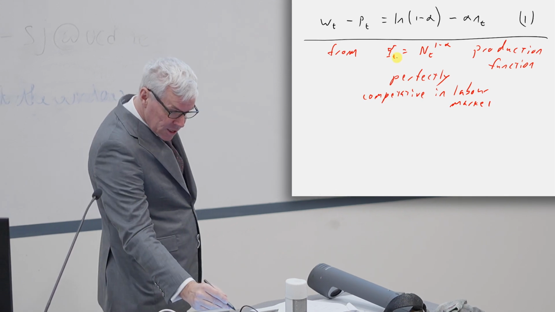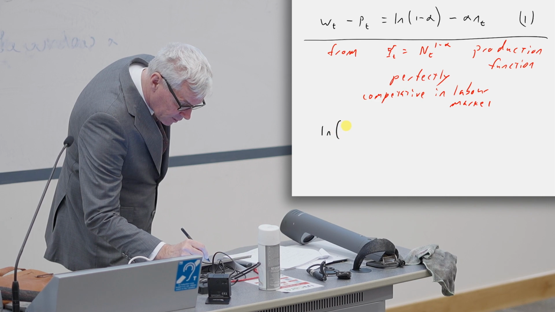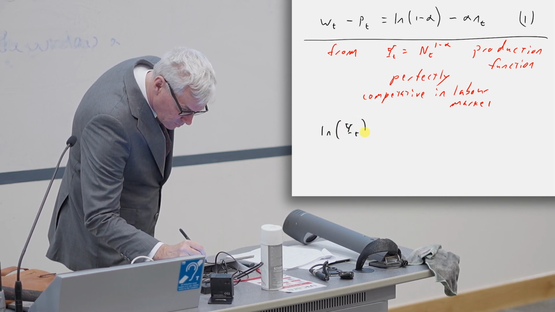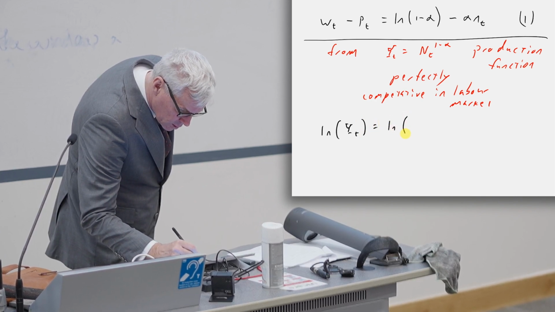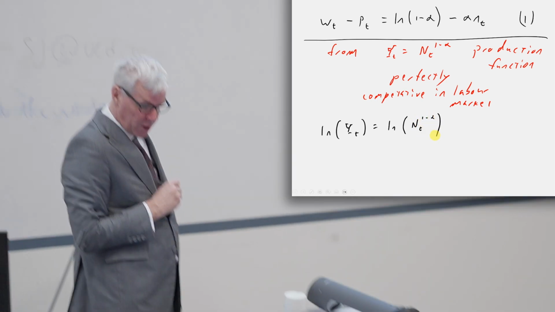So I can take this function, and I can take the log of it. So that's the natural log of capital Yt is equal to the natural log of Nt^(1-α), just taking the natural log of the production function.